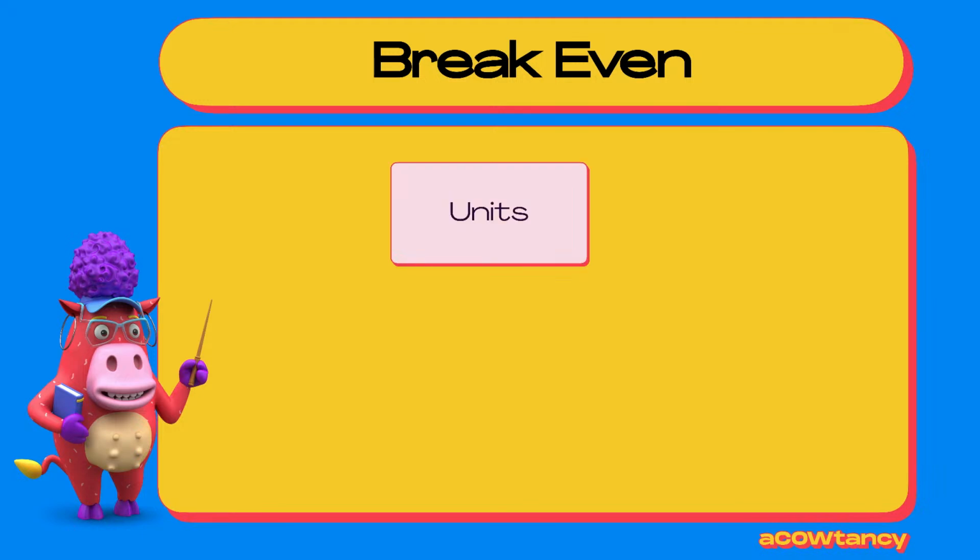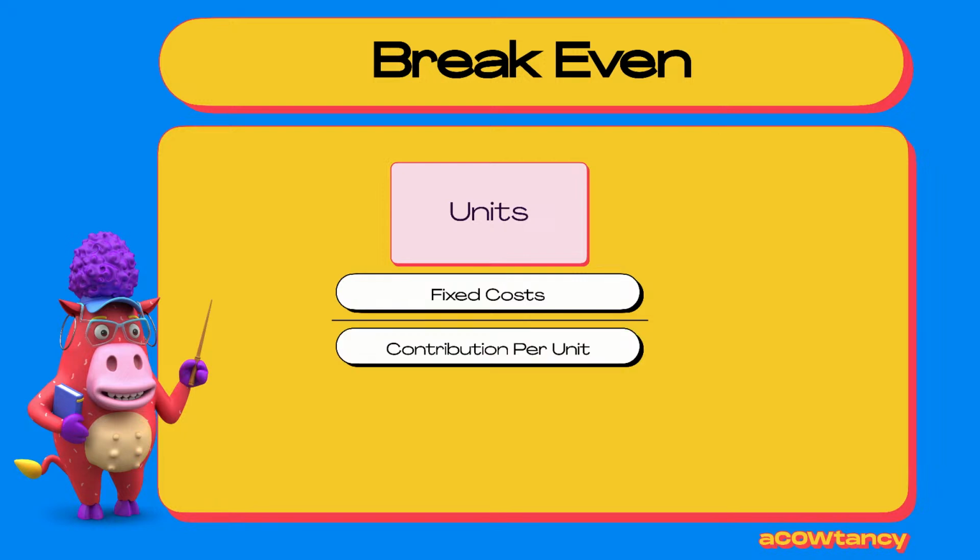So that's all you've got to remember. When you're looking for break even, you've got to cover the fixed costs. And when you're trying to work out how many units you need to sell, you think, right, well, how much contribution per unit, how many of them is in the fixed costs? So using that example, our fixed costs were 100, our contribution per unit, if you remember, was 20.